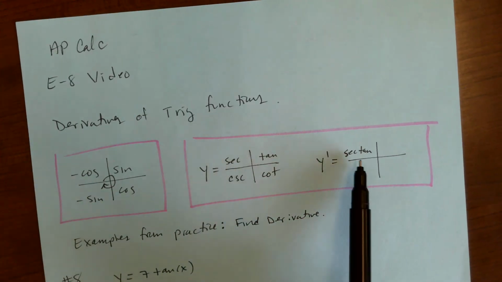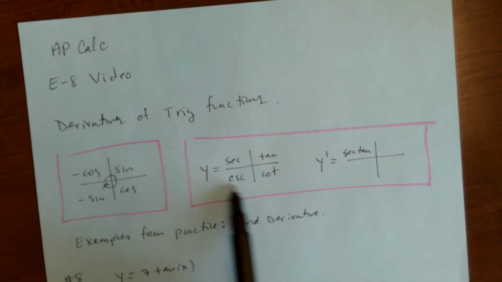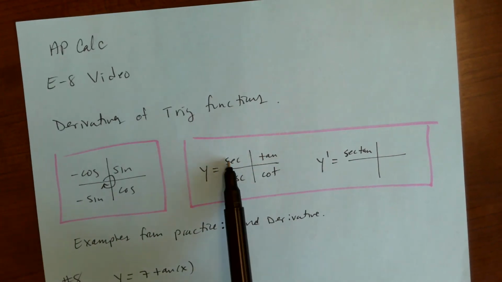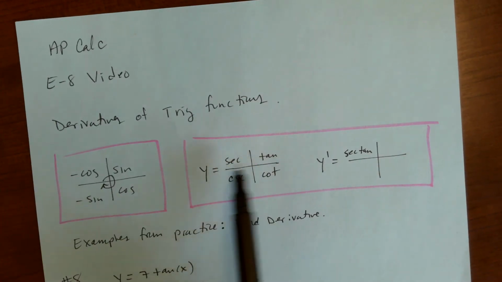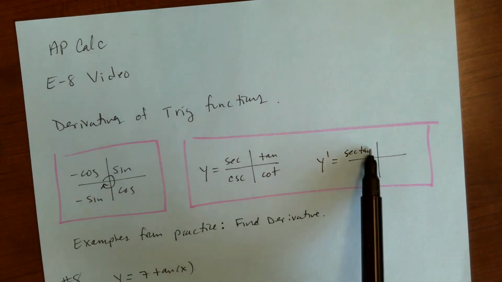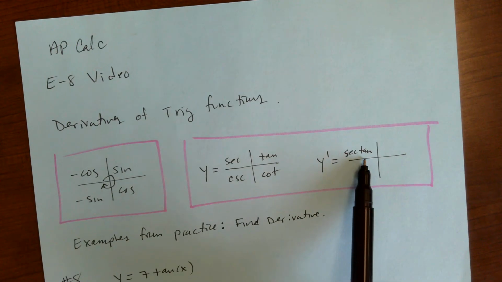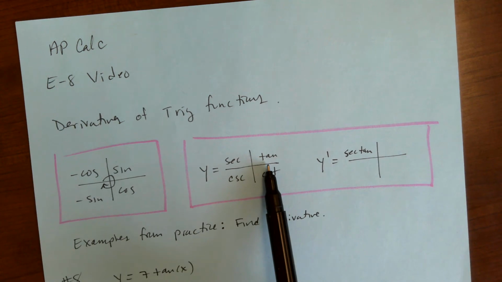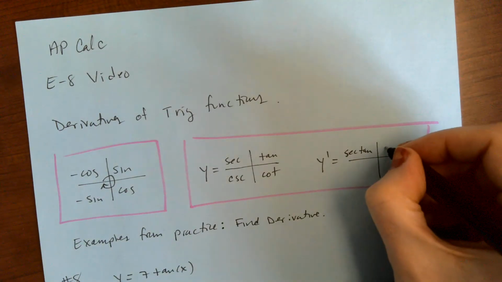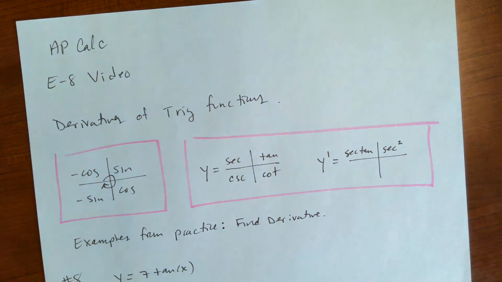If you just write this down, you would see that the secant is next to the tangent, so maybe that'll help you remember that secant tangent goes here. And then the derivative of tangent is secant squared.